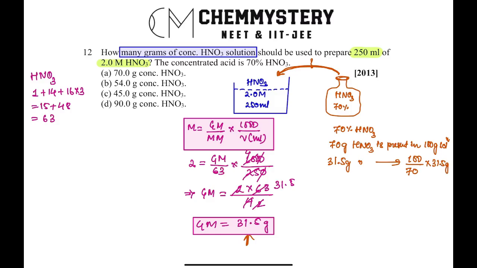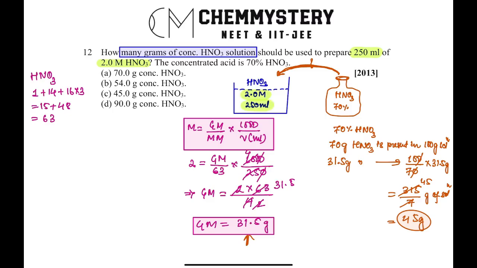Now if I cancel out the 0s here, how much will I get? 315 divided by 7 gram of solution. So this is 45 gram. 45 gram of the solution I need from this stock to prepare a new solution whose molarity will be 2 molar and volume 250 ml.